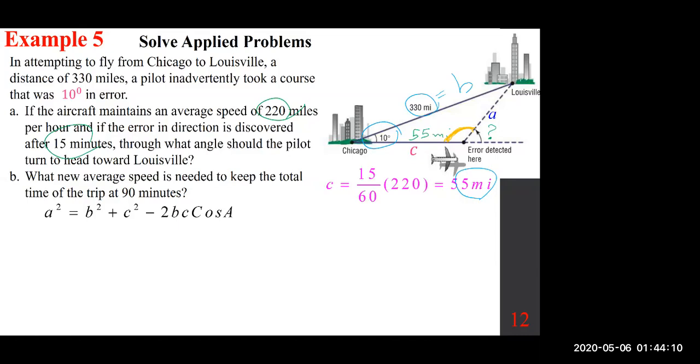All right, so now plug in. A squared, the missing side we are looking for, is b squared, which is 330 squared, plus c squared, which is 55 squared, minus 2 times b times c, 2 times 330 times 55, cosine A, or cosine of the included angle, which is 10 degrees. Now you just do the math and you find A to be 276 miles.